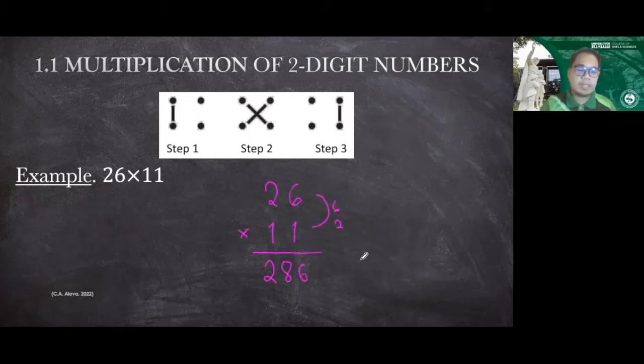So 286. There's another Vedic shortcut when you multiply by 11: if one of the factors is 11, you just add the two digits, and that will be the tens digit. But the thing is, this method is general, so it can be used for any 2-digit numbers. As long as you're multiplying 2-digit numbers, this can be applied.